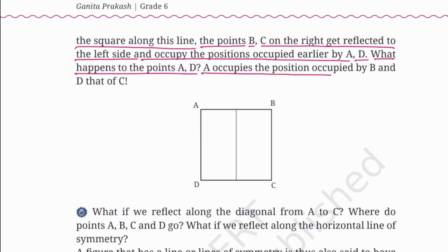A occupies the position occupied by B and D that of C. You can see when this vertical line is taken as the line of symmetry, when folded, the position of A is occupied by point B and the position of point D is occupied by point C.